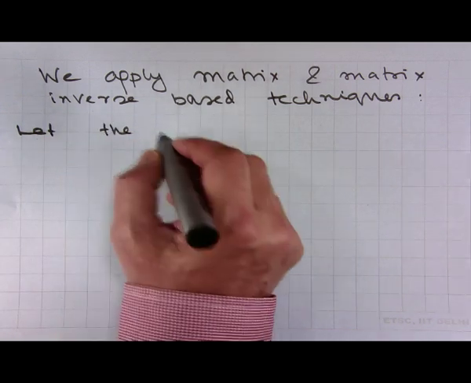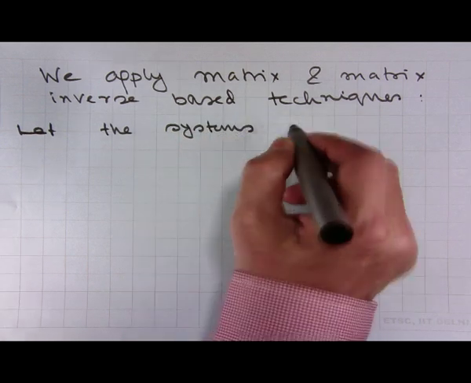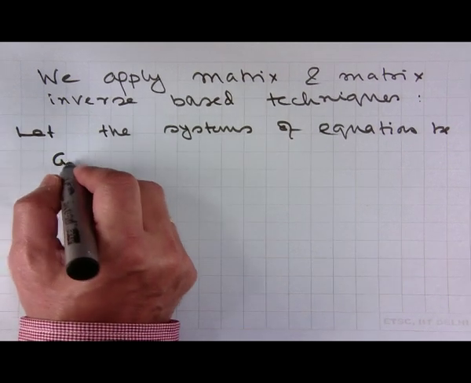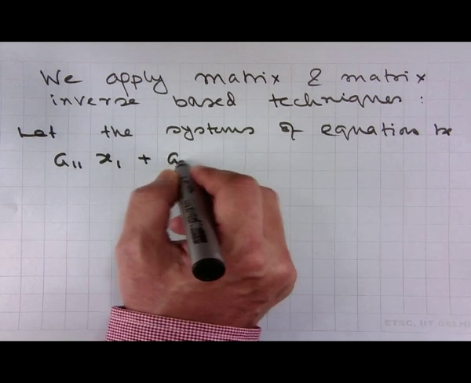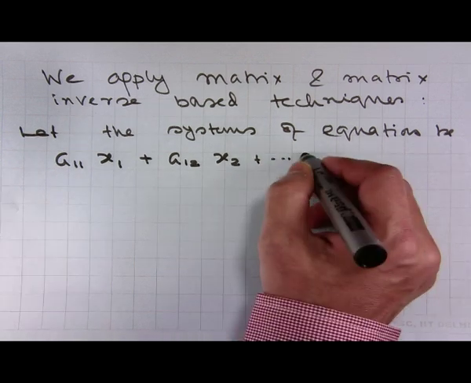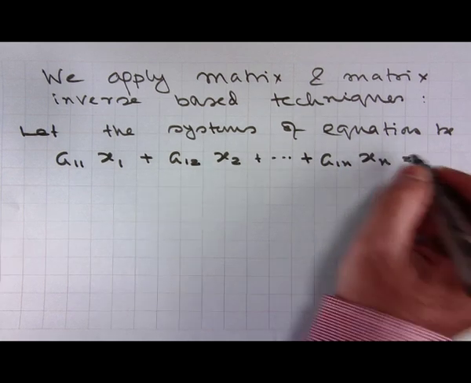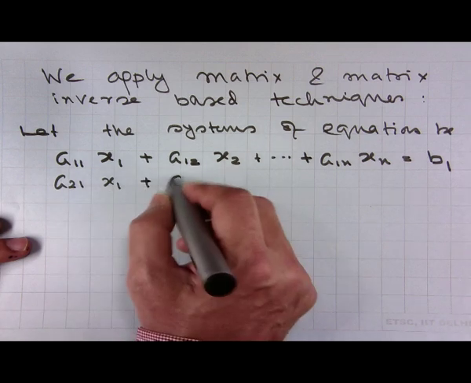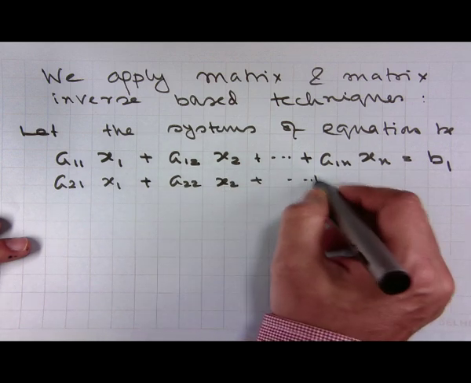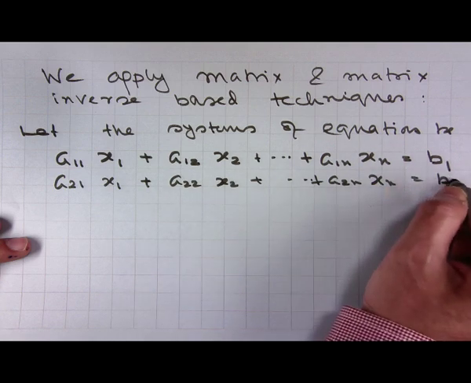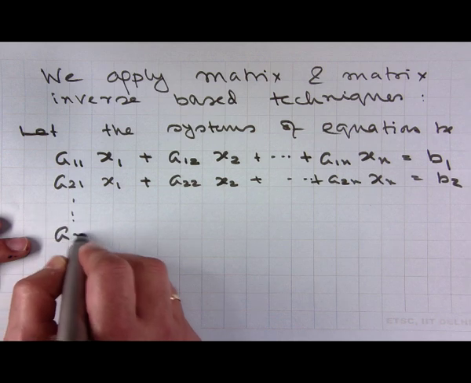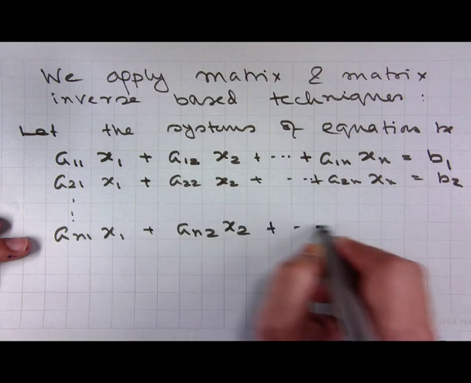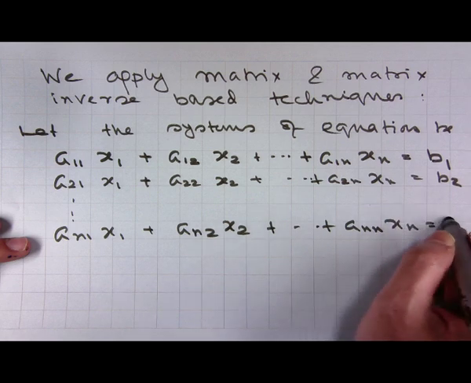Let the system of equations be a11 times x1 plus a12 times x2 plus a1n times xn is equal to b1, a21 times x1 plus a22 times x2 plus a2n times xn is equal to b2, and like that an1 times x1 plus an2 times x2 plus ann times xn is equal to bn.